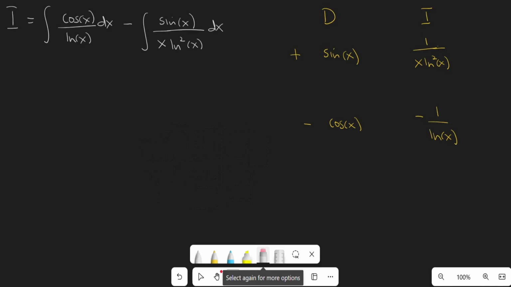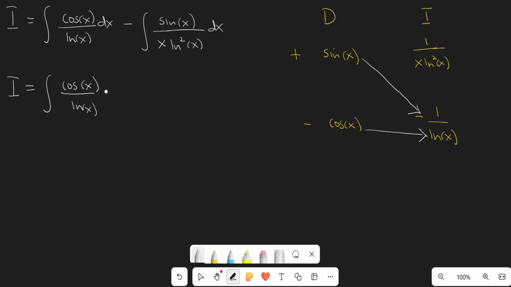So we are done with the integration, and what we normally do is when we multiply terms diagonally, we don't need to take the integral. But when we multiply terms horizontally, we have to take the integral. So our integral I here is going to be the first one, the integral of cosine of x all over ln of x dx, minus this integral, which is now multiplying terms diagonally.